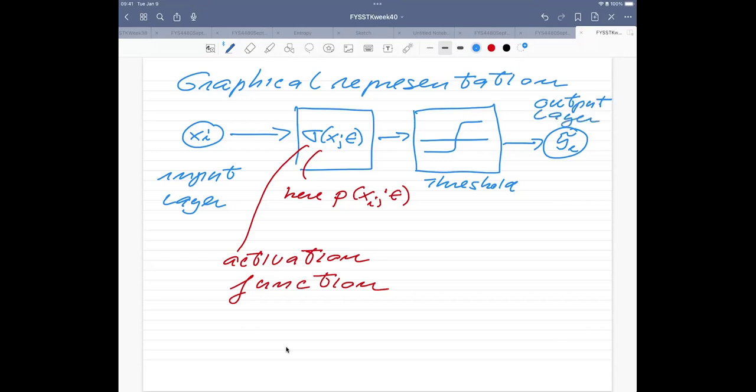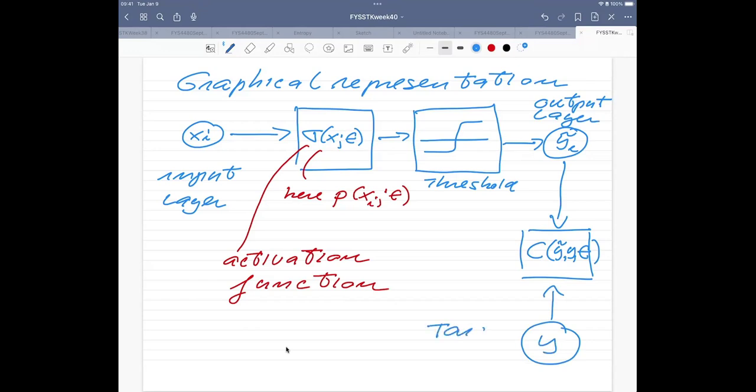Now, this output layer, or this result, is going to be fed into a new function. When I'm feeding things into a function, I'm going to write square boxes. In our case, this is going to be our cost function, which will depend on y tilde, on y, and also theta, the parameters. And in here, we are going to feed the target values. So this is our target or output.